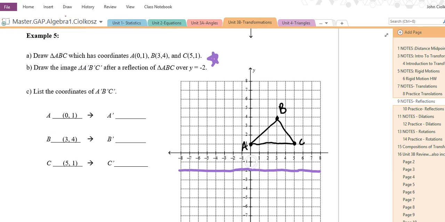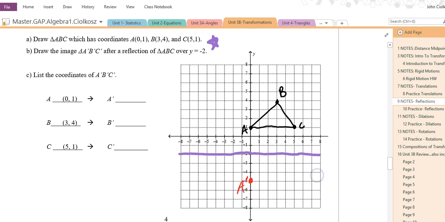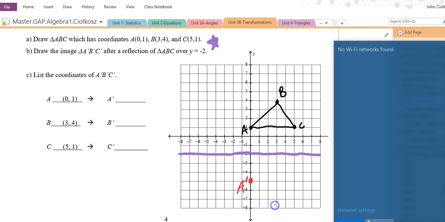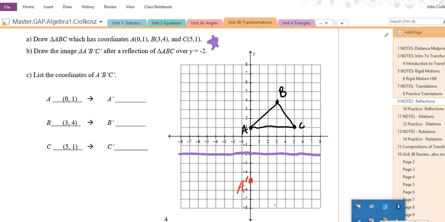So let's see, we're 1, 2, 3 away. So 1, 2, 3. It's going to be my new A. B is 1, 2, 3, 4, 5, 6. C is 1, 2, 3.